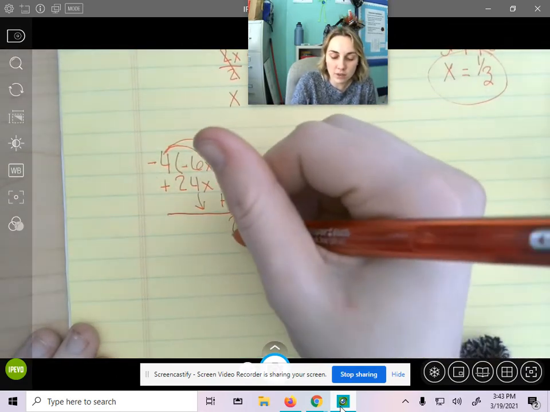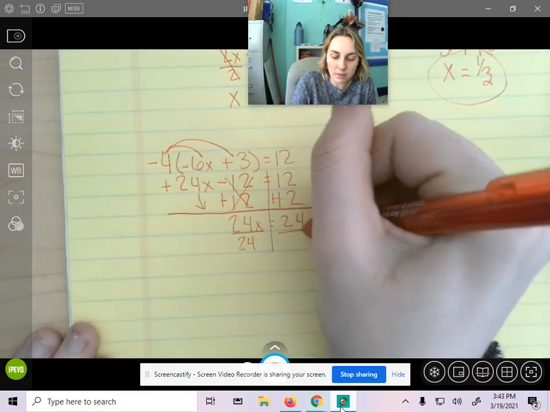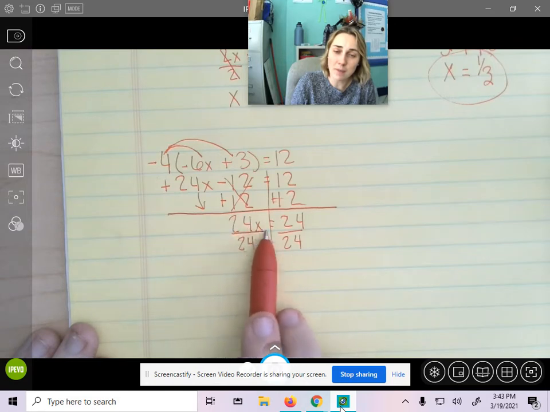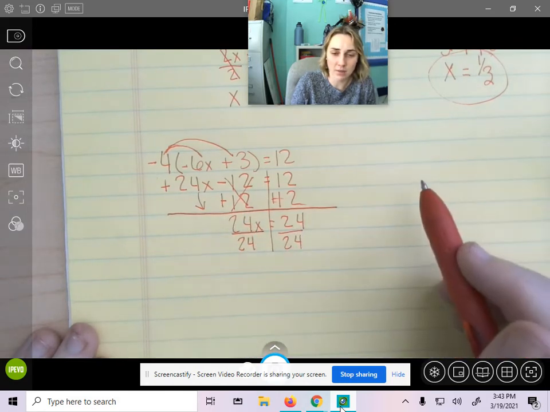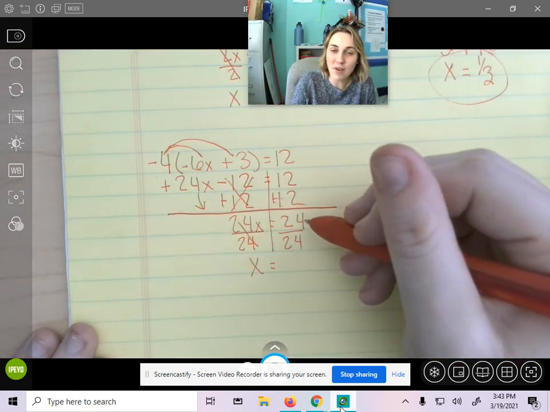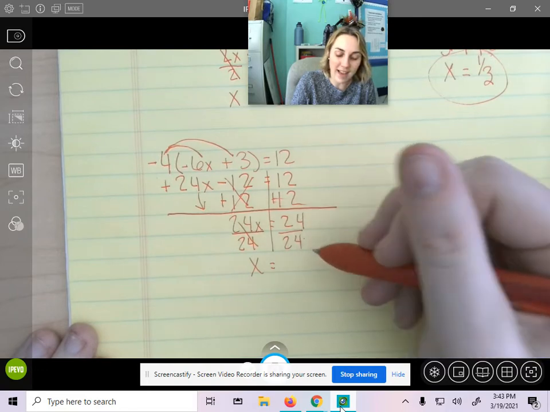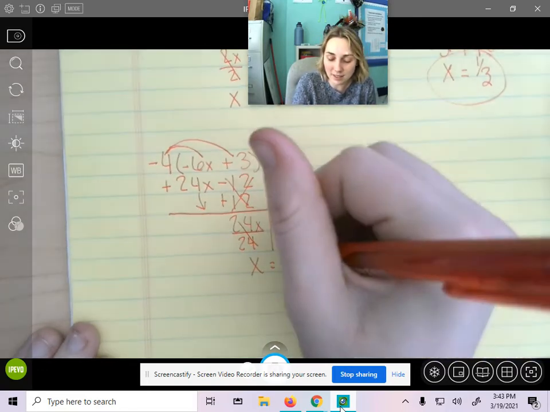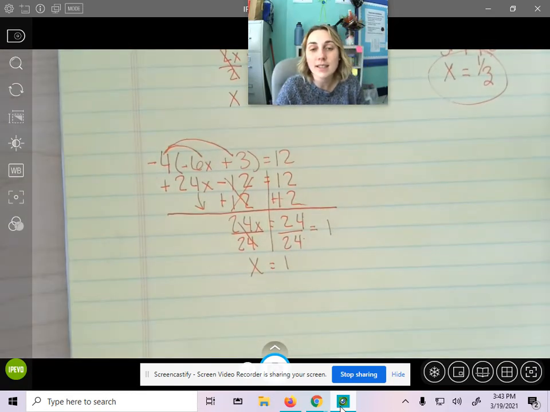And then I need to divide both sides by 24 because this is 24 multiplied by x. So I need to do the opposite of multiplication, which is division. And whatever I do on one side, I have to do on the other side as well. So that's going to leave me with x is equal to, again, when you have the same number in the numerator as the denominator, that's one whole of a fraction, so x is going to be equal to 1 in this case.